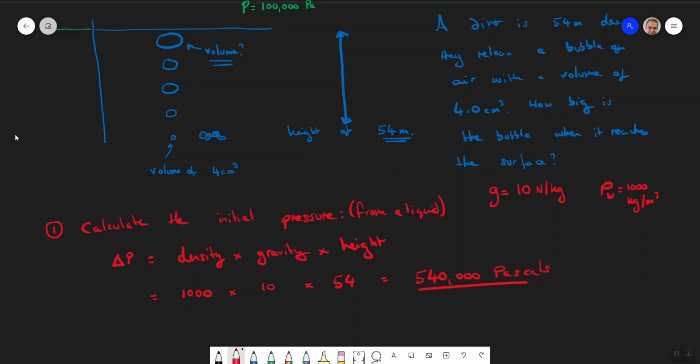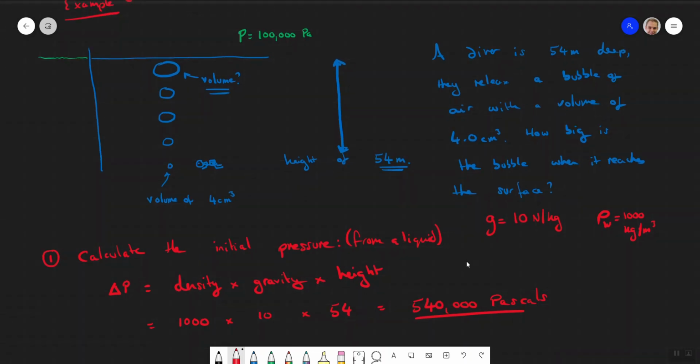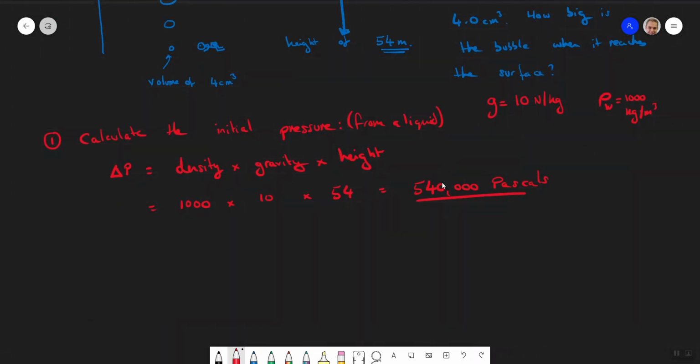Now, that's not immediately the answer, because that's 540,000 pascals, and that's the water that's already sitting under this. So for our initial pressure, we've got to remember that we already had air pressure pushing down on the water, and then we've got the water pressure pushing down on this person. So this person is essentially dealing with all that water and all that air. So they're dealing with a total of 640,000 pascals.